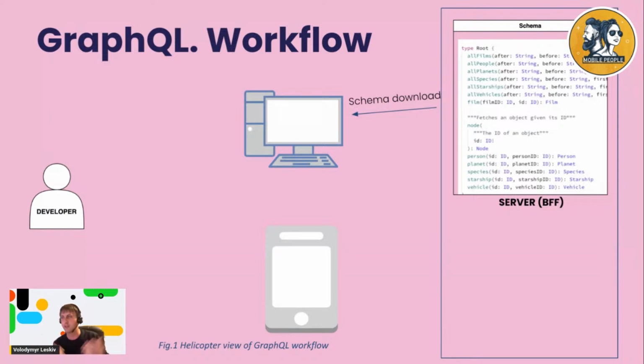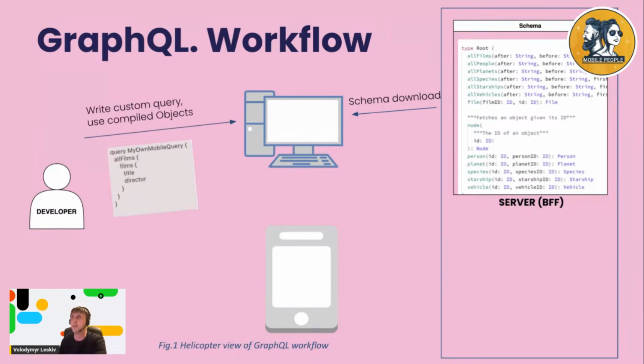I believe in iOS it's also somehow automated. So when the schema is downloaded, we can then use some client library like Apollo to compile it, and then we will get all these objects we have in the schema in code. So some code generation happens here.